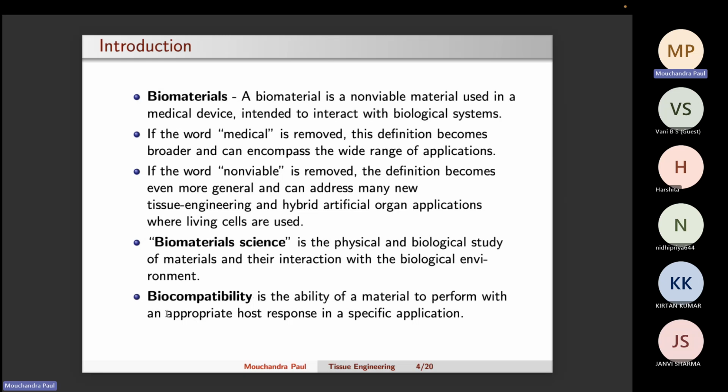Your biomaterial is going to interact with the biological system, and once it interacts, the host will respond to it in some way. If that response is appropriate, then you will say that the material is biocompatible. Appropriate for what? For that particular application.